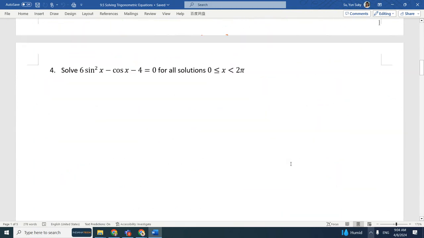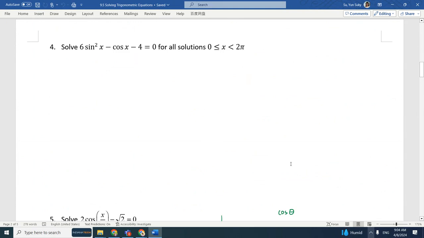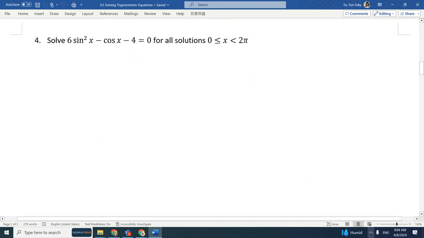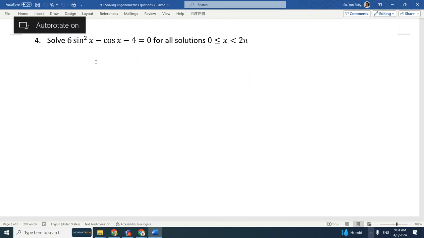So today we're going to do more examples. For example, number 4. Look at this trig equation. How many different trig functions are there? 2. You have sine x and cosine x, right, everybody?